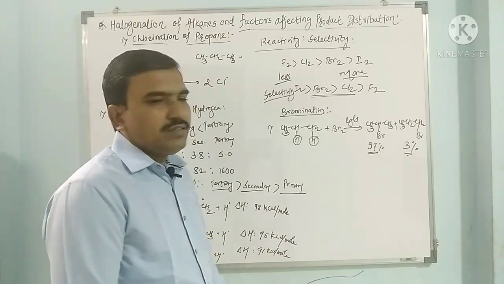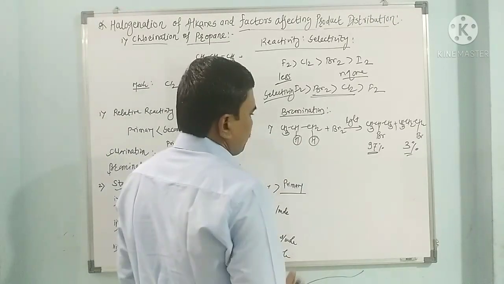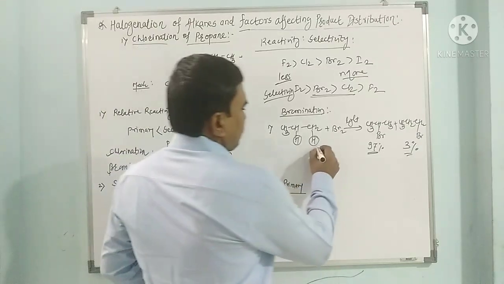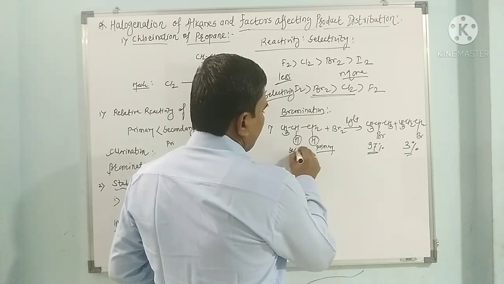So you can imagine how selective bromination is in the halogenation reaction of propane. Now an example of the tertiary proton, whose selectivity is very high. Here is a primary proton and here a secondary proton.